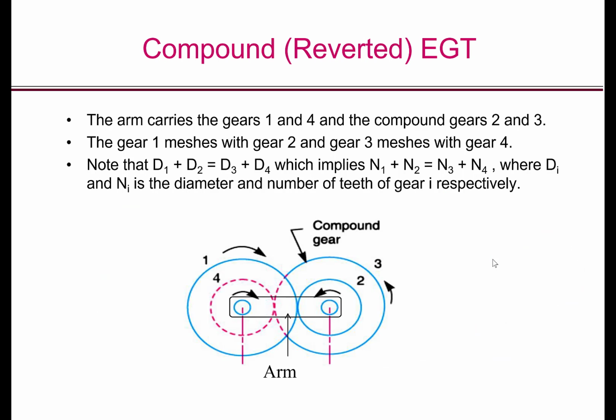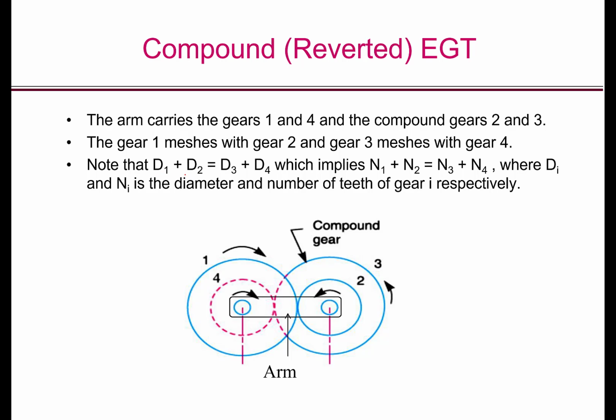Let us now look at the reverted epicyclic gear train. The gears 2 and 3 are on the same shaft and form the compound gear. The gears 1 and 4 are on concentric shafts, and the arm carries gears 1 and 4 and the compound gears 2 and 3. Gear 1 meshes with gear 2 and gear 3 meshes with gear 4.